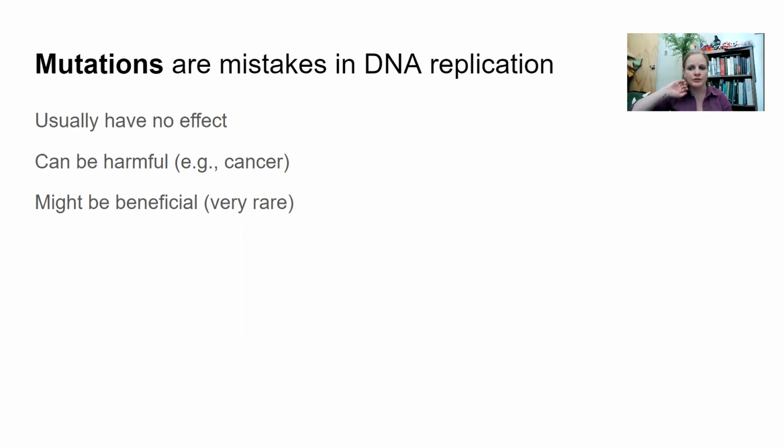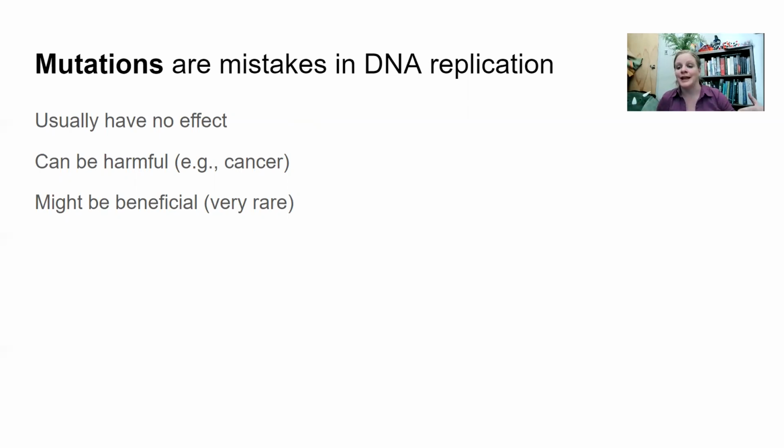Remember, we touched on those briefly once. There's a lot of built-in redundancy. So if we do see some mutations in the DNA, it might not even make it to the protein's structure and function. So usually the mutations that do get through don't have any effect, but they can be harmful.